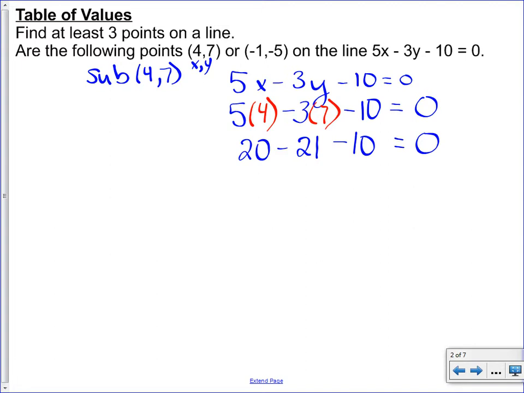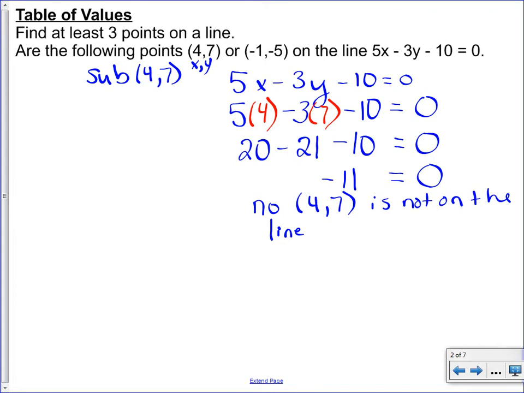What do I get? I get negative 11 is equal to 0. Is this balanced? No. So no, (4, 7) is not on the line. Why do I know that? Because negative 11 does not equal 0.